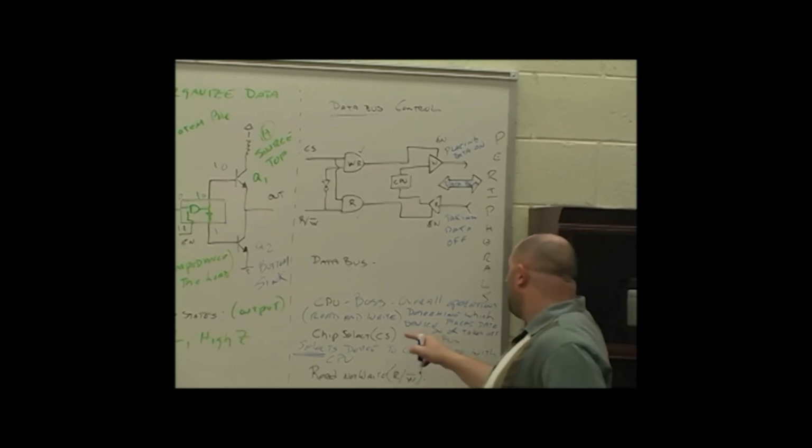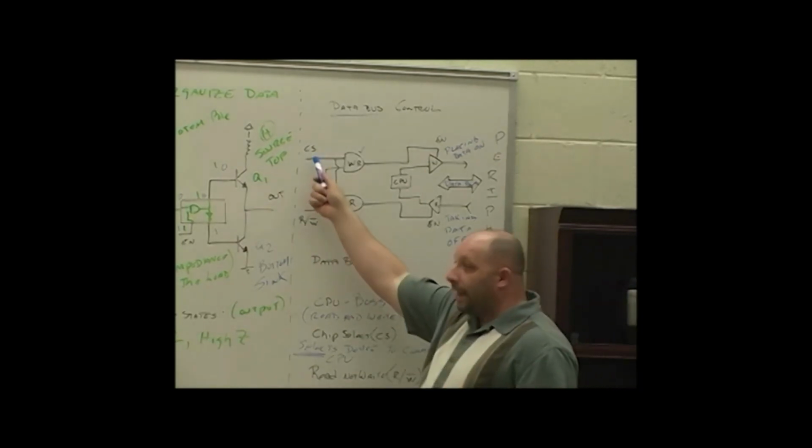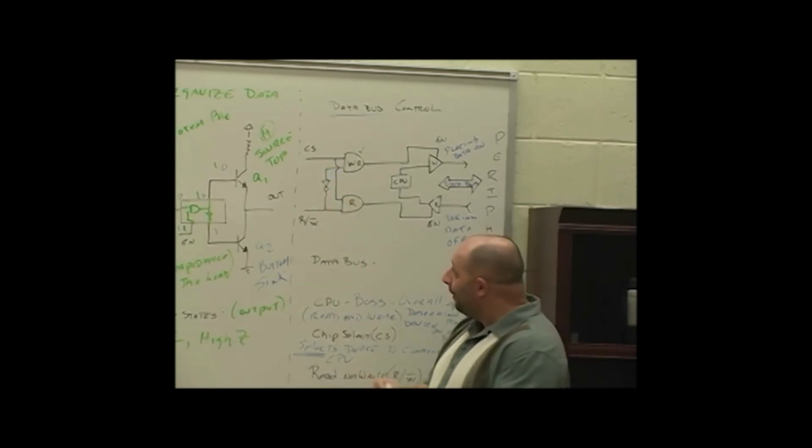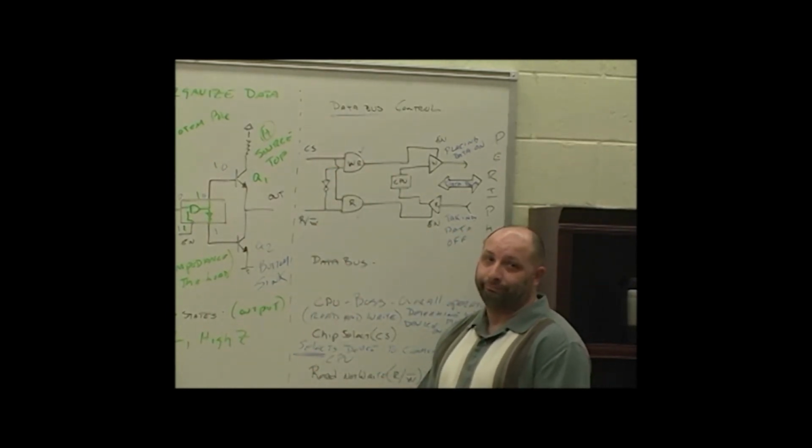Nothing. Once one of these devices requires communication or to exchange data, here comes a logic high. That's that logic high. When I put H there, it's coming from a device.